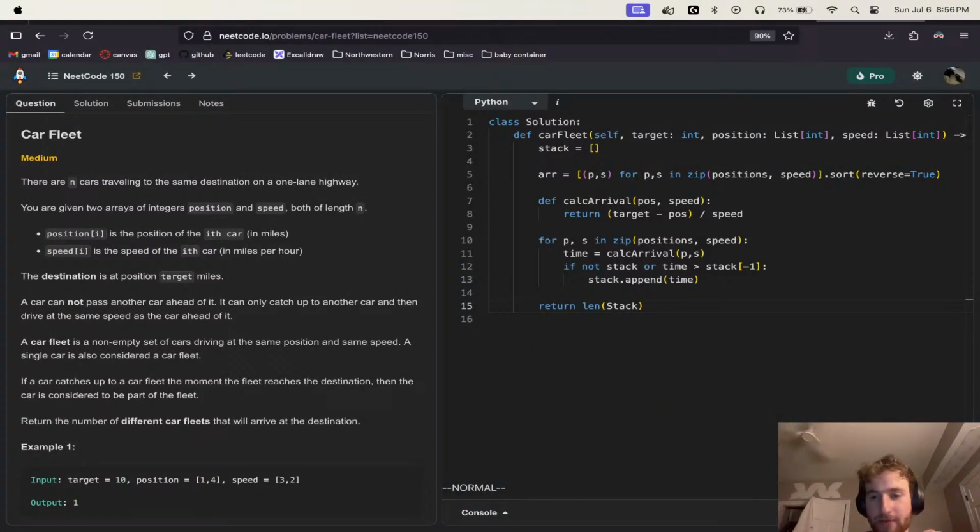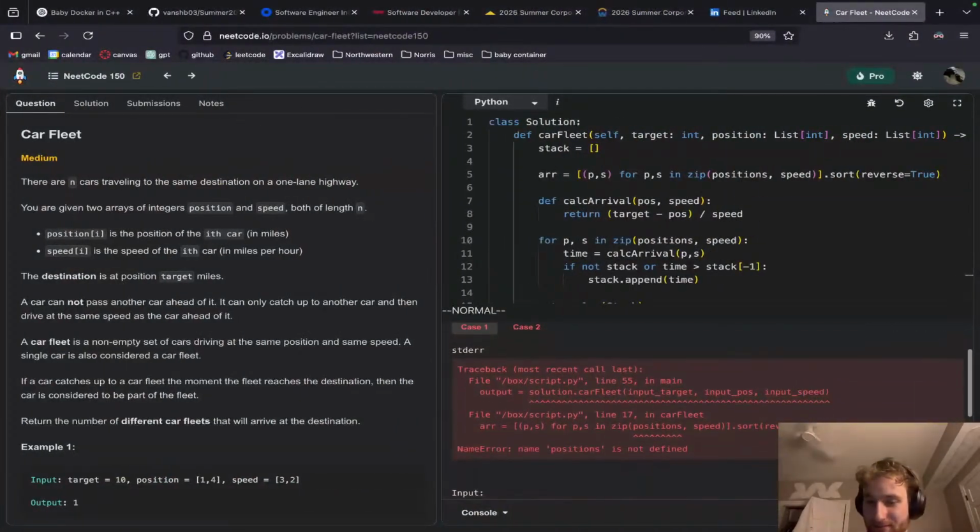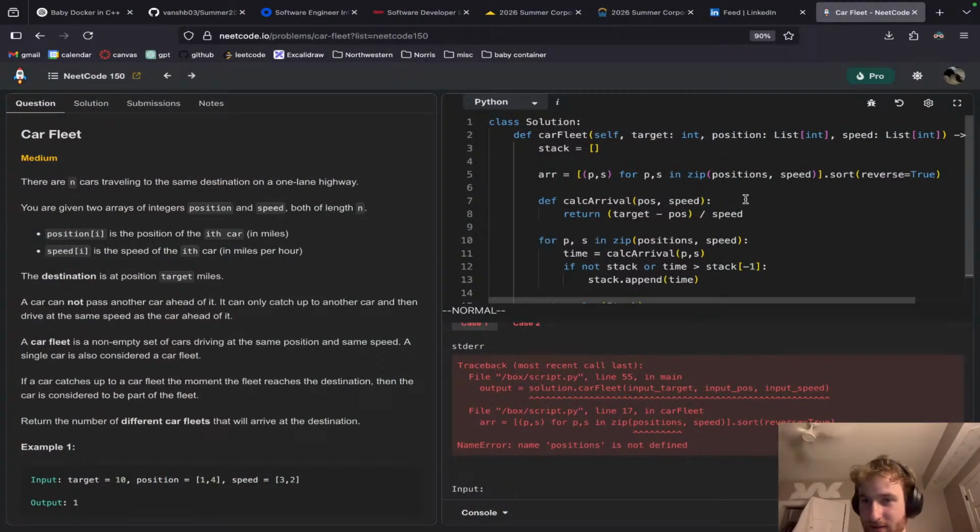Previous tutor told me to always break that down. Positions is not defined. Position?